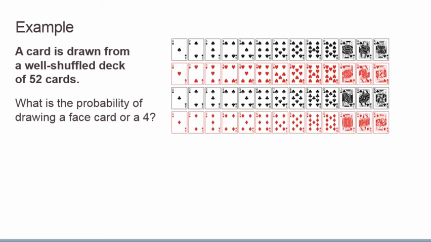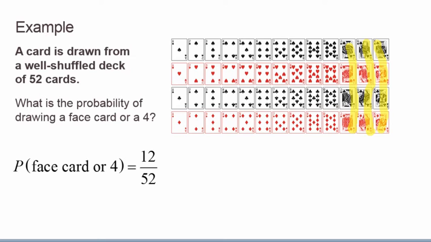What is the probability of drawing a face card or a 4? I begin by writing my probability, face card or 4. Then I look at my face cards. The face cards are the jacks, queens, and kings. So that's 12 out of 52. Now I want to look at my 4s. I have a 4 of spades, a 4 of hearts, a 4 of clubs, and a 4 of diamonds.